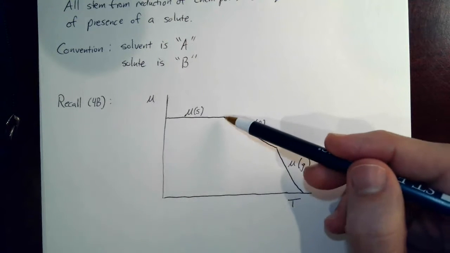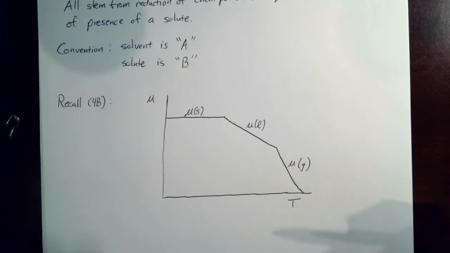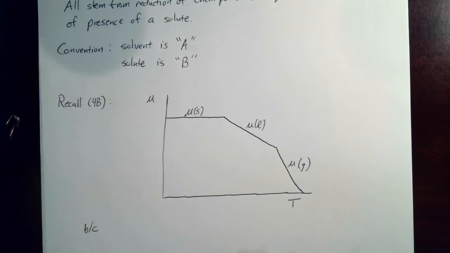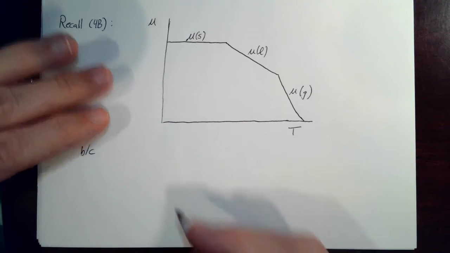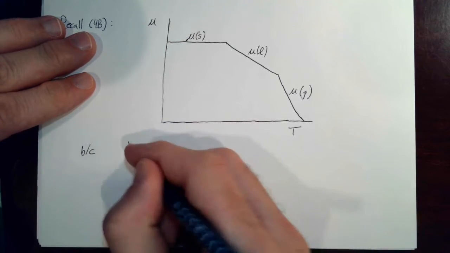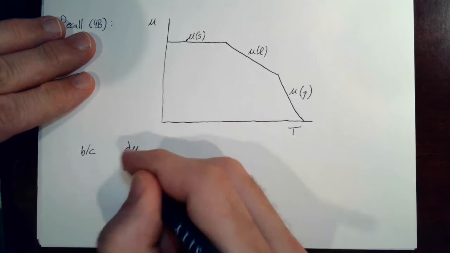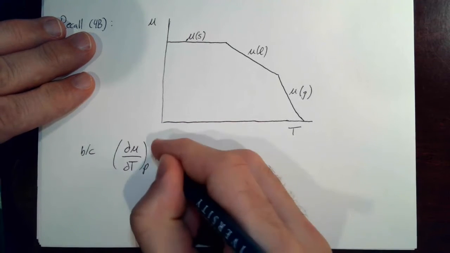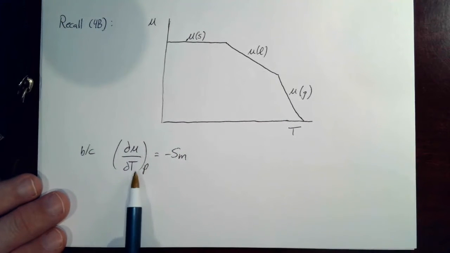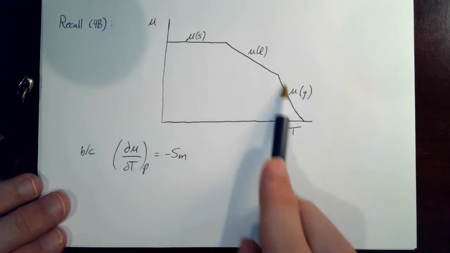And why does it get steeper for liquid and then steeper still for gas? This is because we have this relationship between entropy and chemical potential. And you can see here that I have the derivative of mu with respect to T. That's the slope of this line.